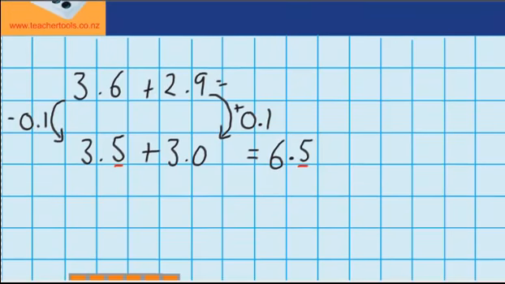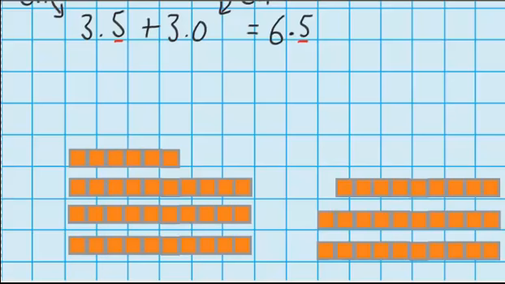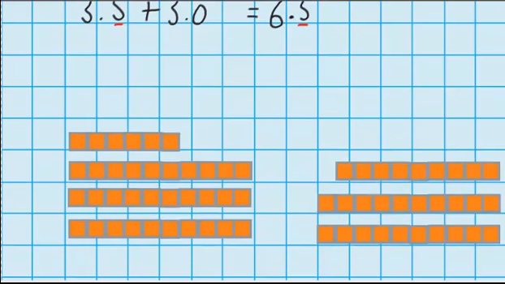So let's go down here and look at a diagram to help us explain why one side's getting bigger and one side's getting smaller. Well, over this side I've got my 3.6 and over this side I've got my 2.9. Here you can see my 3 wholes and here you can see my 2 wholes, and notice how these whole numbers are made up of 10 tenths.